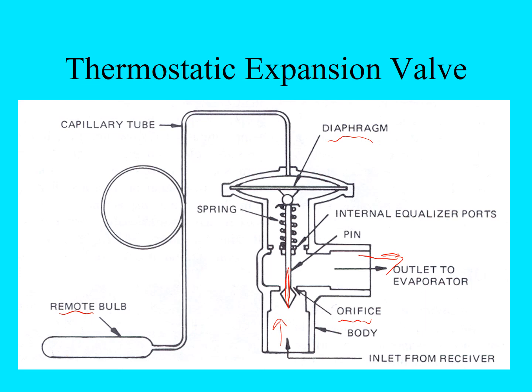Now, some of these, it's kind of hard to see with the capillary tube system because they can actually put the thermostatic expansion valve in the interior of the vehicle very close to the evaporator core. So it just depends on the manufacturer where this is going to be located, but it has to be located very close to the evaporator core on the inlet side of the evaporator.